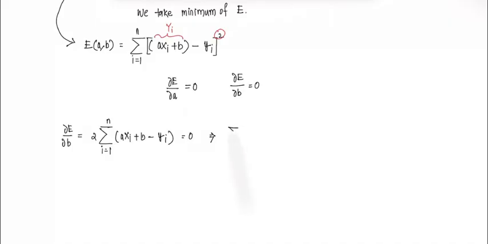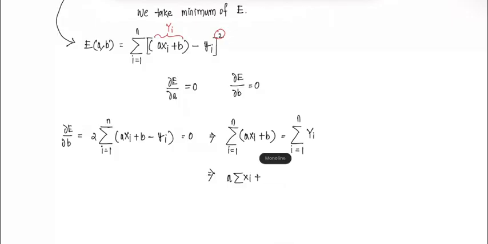So the sum from i equal to 1 to n of a xi plus b equals the sum from i equal to 1 to n of yi. This will be nothing but the normal equation. The normal equation will be a, which is constant, taken out, sum of xi, plus sum of b.